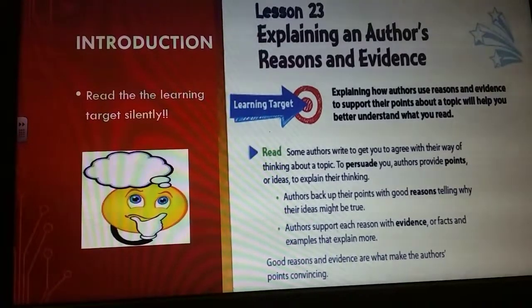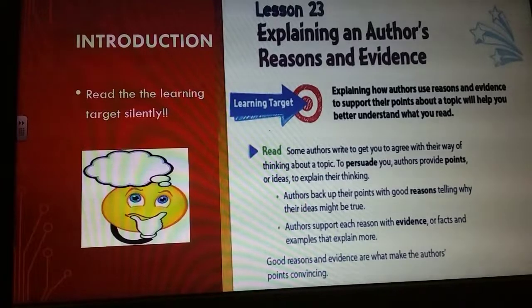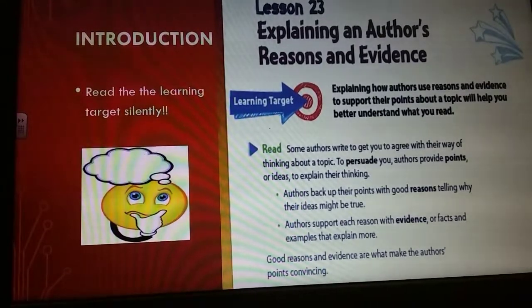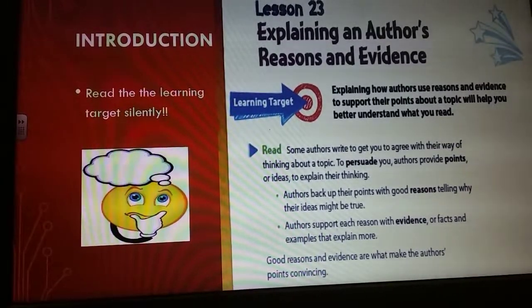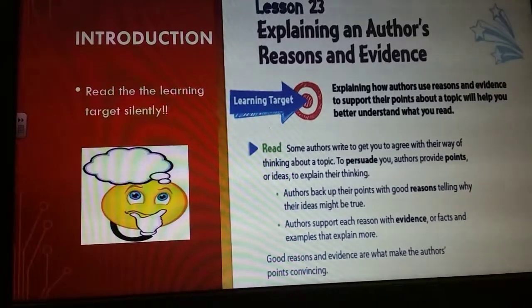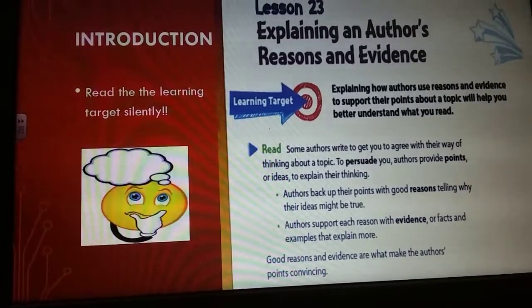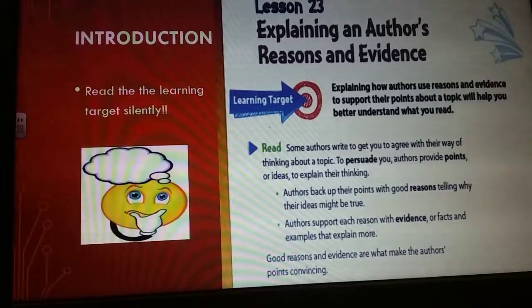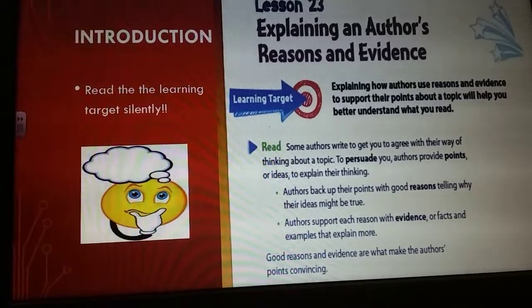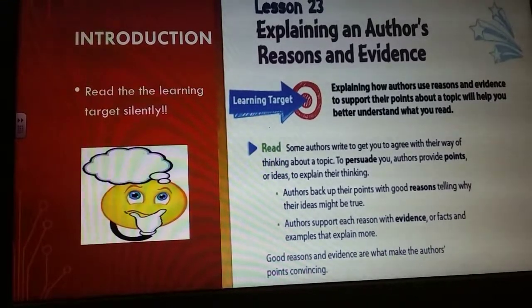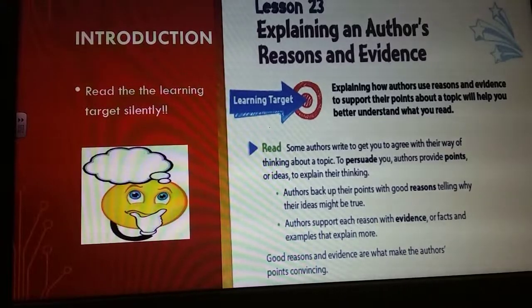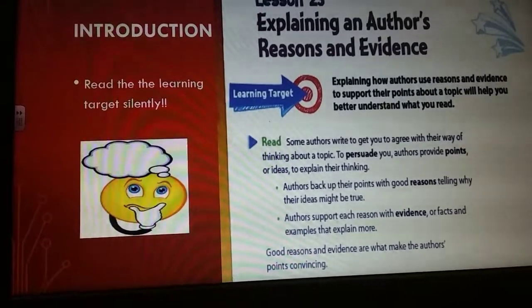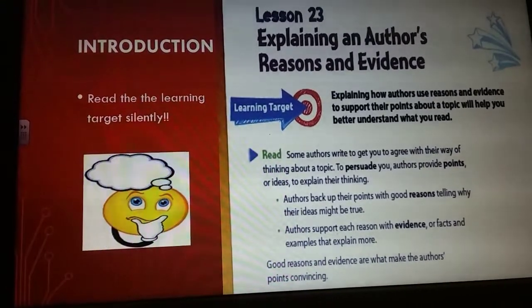Just like in the articles that I read about bike sharing, the authors were trying to persuade me to help me realize that bike sharing programs were a good idea. So their point was that bike sharing programs are great for neighborhoods. The authors then back those points up with a lot of reasons that show why their ideas were valid or why they might be true.